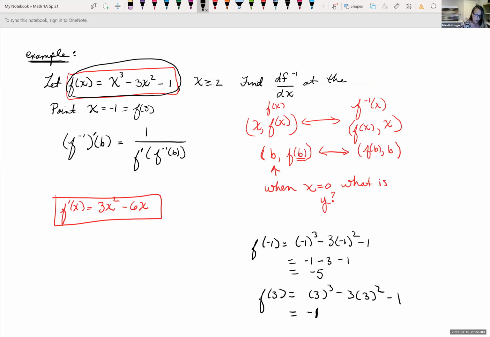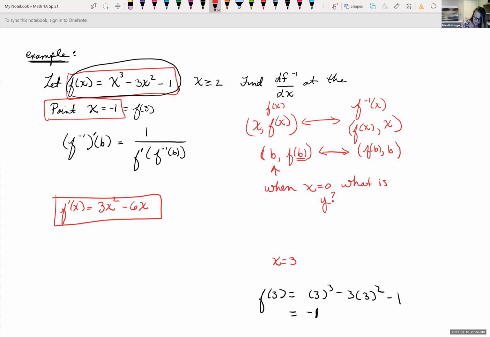Okay, they're giving me the x value then for this. F of 3 is -1. Right, okay. They are going backwards. So they basically are saying, let x equal 3.